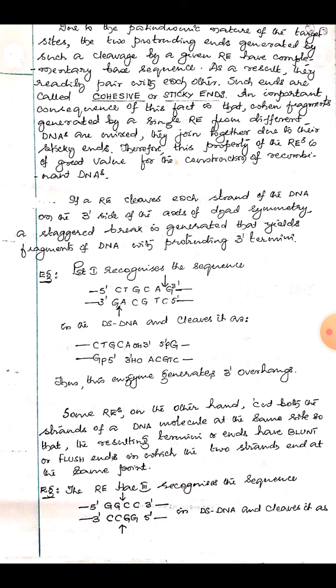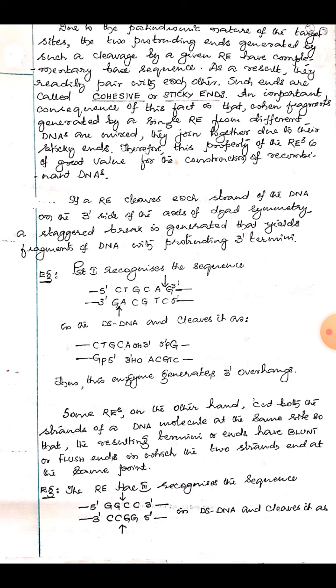Here I have one more restriction endonuclease, HaeIII. HaeIII has the recognition sequence GGCC. From the 5' end, you read GGCC, and in the other strand also GGCC. Please look at the arrow marks here. Both the arrow marks are in a straight line and they cut the molecule exactly into two halves. Such ends are called blunt ends.